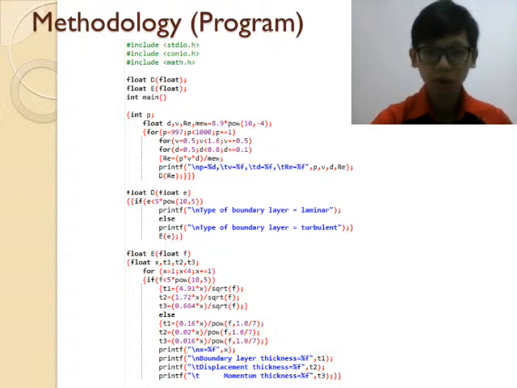Otherwise, it will display a turbulent type of boundary layer. After that, we will jump to function E, which has one for loop and one if-else statement. The for loop is to vary the length of the pipe, and the if-else statement is to determine the suitable equation for the boundary layer thickness, displacement thickness, and momentum thickness.